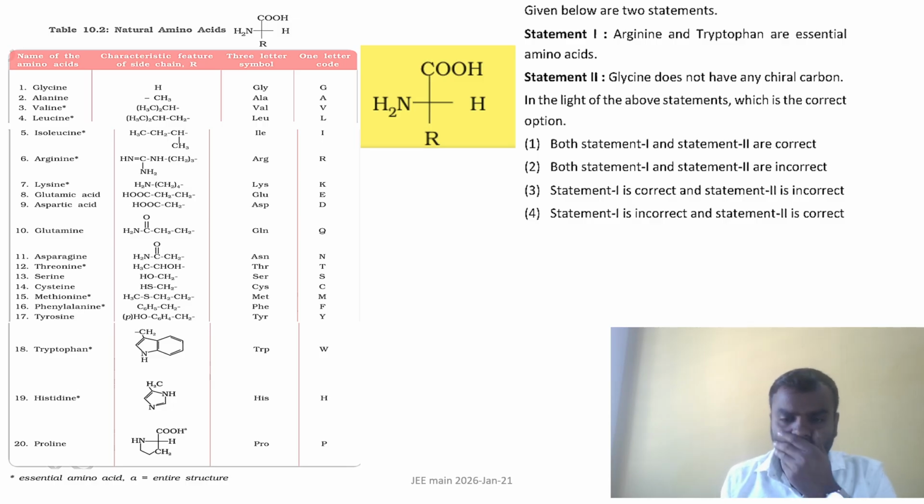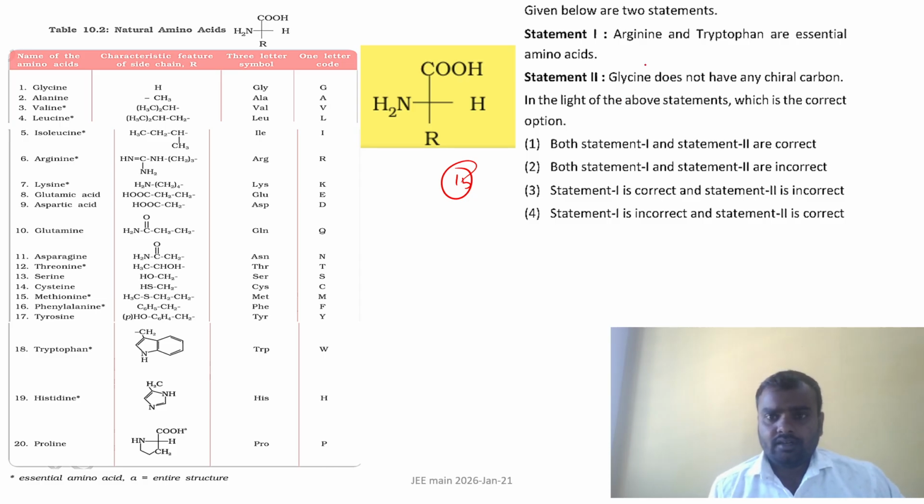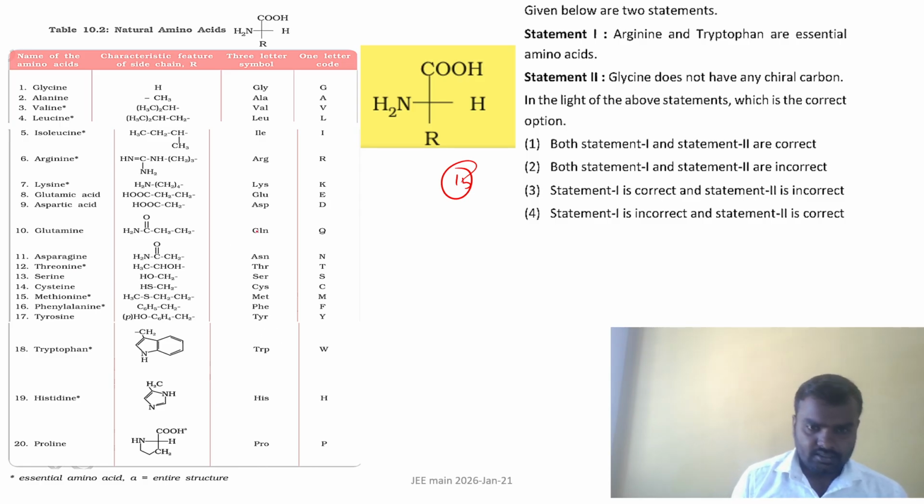Question number 15, guys, is direct from NCERT. Here they're asking: statement one, arginine and tryptophan are essential amino acids. Essential amino acids are in this given table, with star marks.